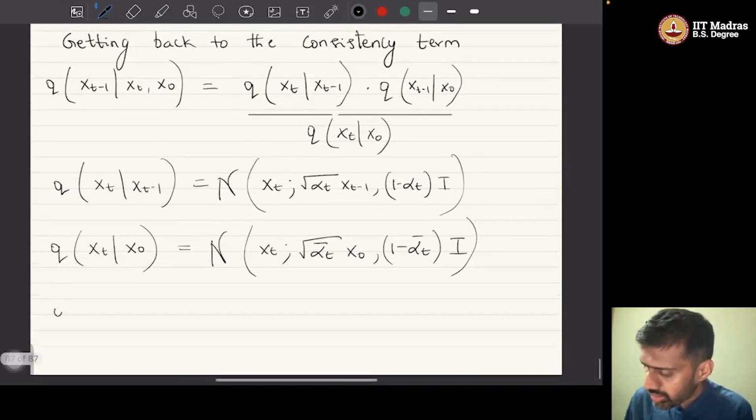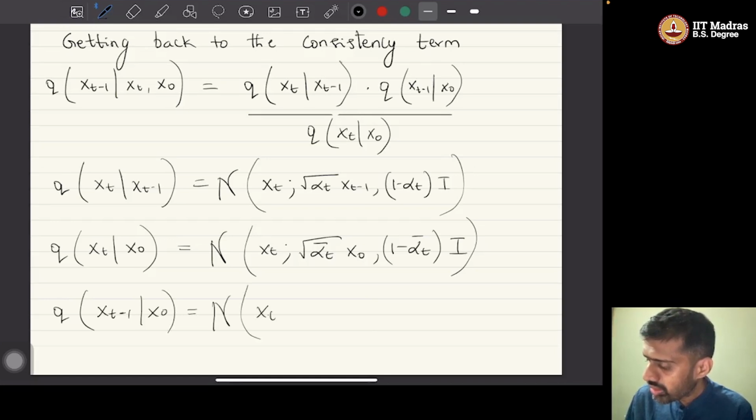And similarly one can write q of xt minus 1 given x naught the same way. This is a Gaussian distribution at xt minus 1. The mean is root of alpha bar t minus 1 times x naught. The variance is 1 minus alpha bar t minus 1 times the identity.